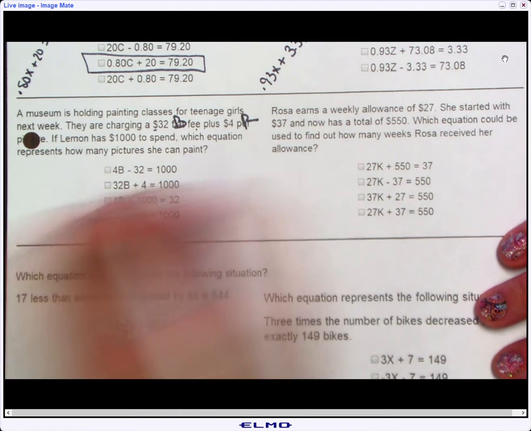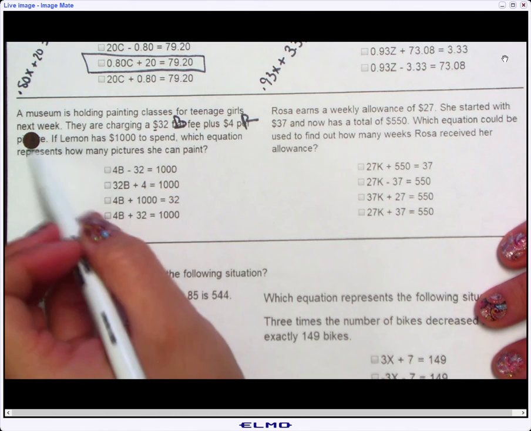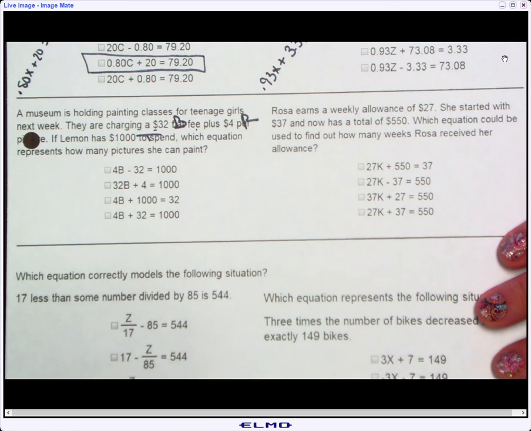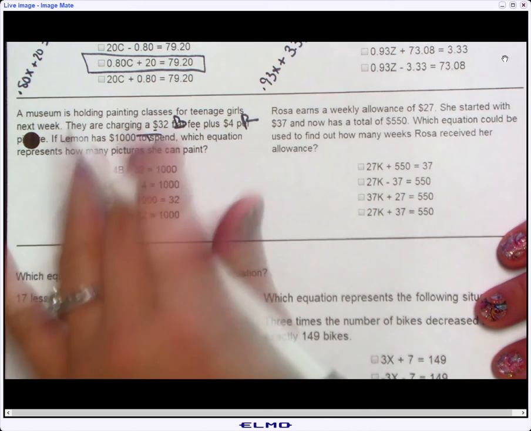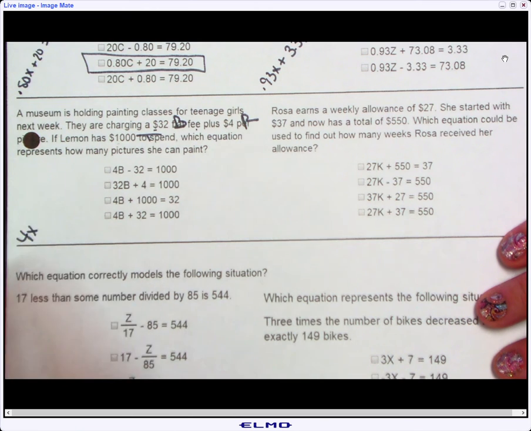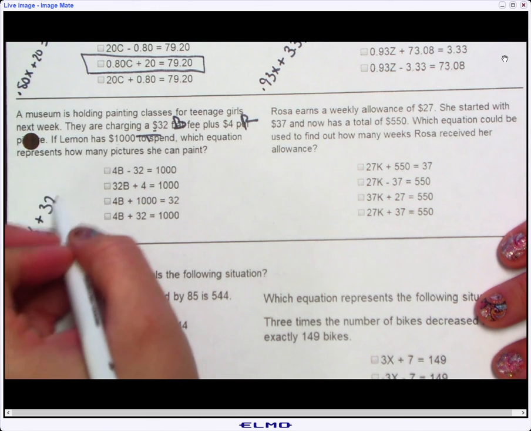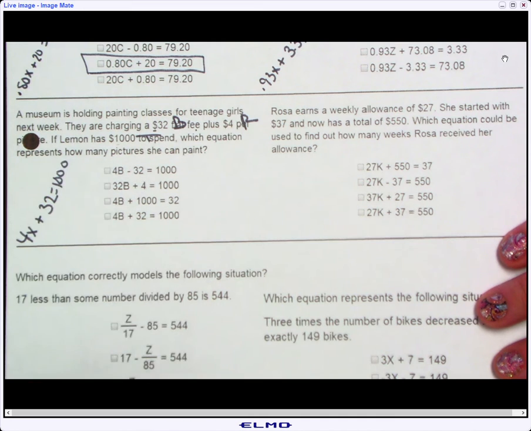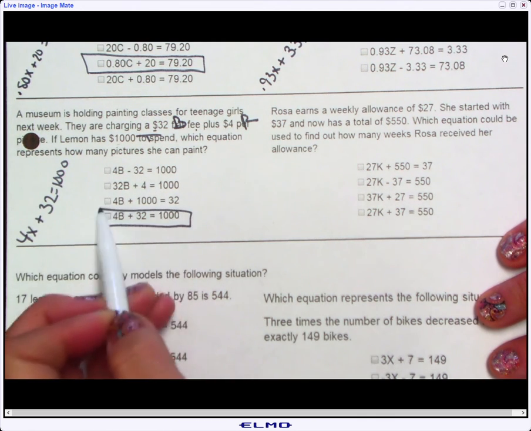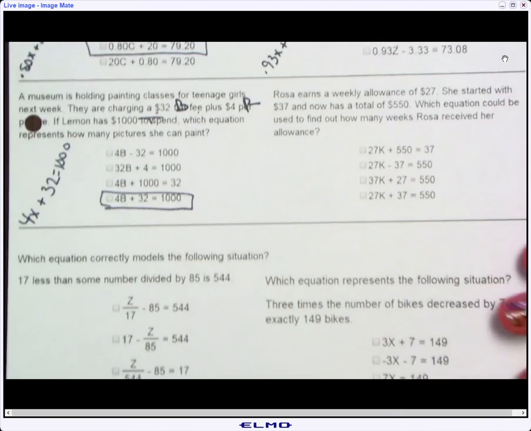That's my rate. And it even says that she has a total to spend. So right here, that's my total. Rate times variable plus base number equals 1,000. Right here, this describes Lemon's situation.